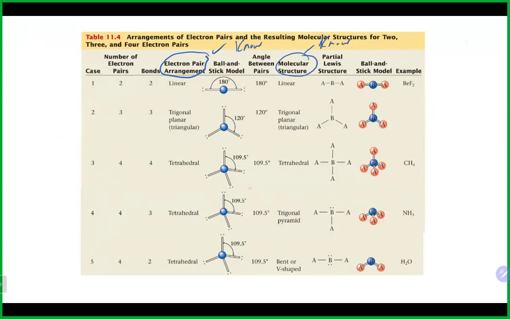And I think the only one missing off of here is our 3 electron pairs and 2 bonds, which would give us our trigonal planar and our angular. So you do need to know those guys along the way.